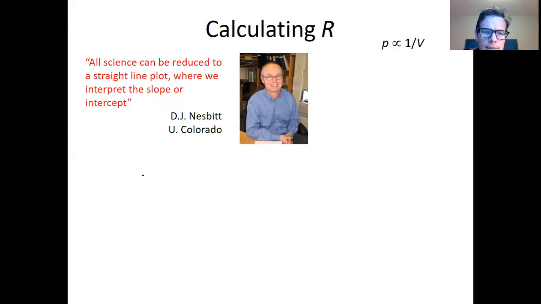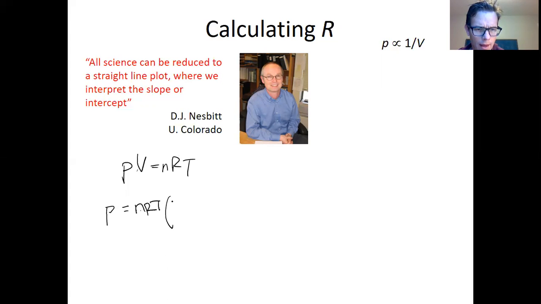If I take this idea and think about how I could work with the ideal gas law in order to make it a straight line plot, this is what you might do. P equals nRT times 1 over V, okay?